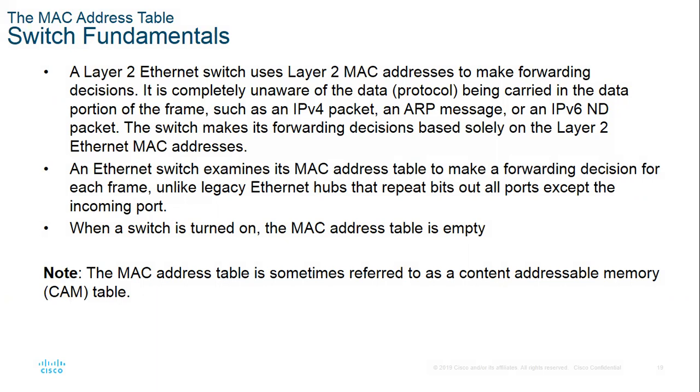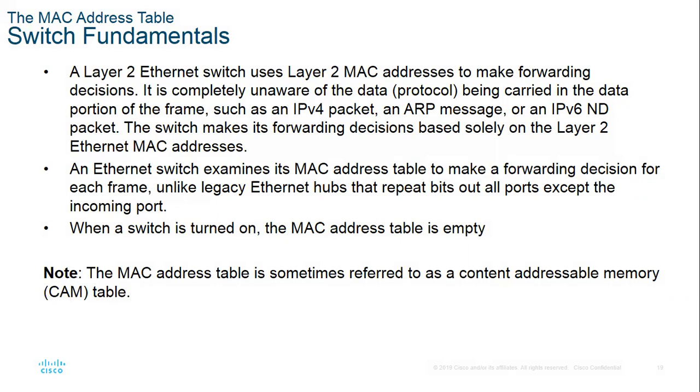When it makes a decision, it looks up this table and searches for the destination MAC address within the Ethernet frame. If it has the destination MAC address, it will forward the frame to the physical port associated with this entry in the switching table.